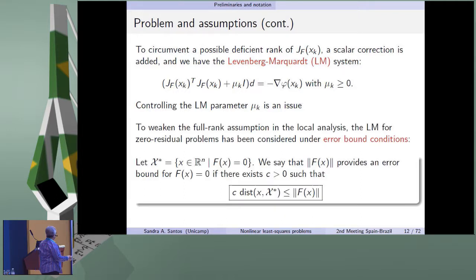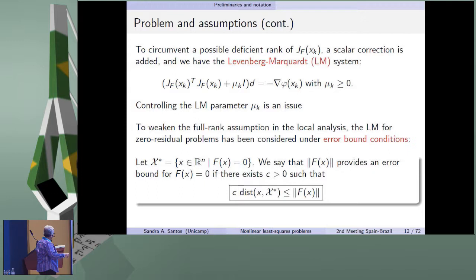So this is really a subject of research. And also, for weakening this full rank assumption of the Jacobian, but also addressing the problem with zero residual, the error-bound conditions are good tools.